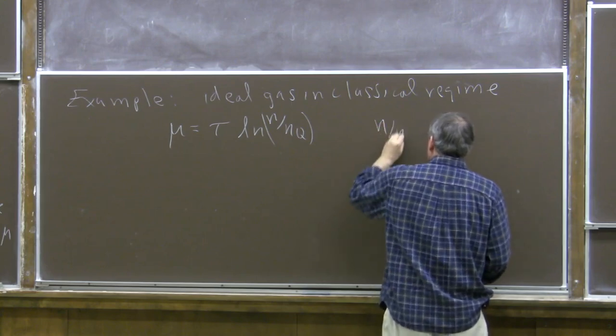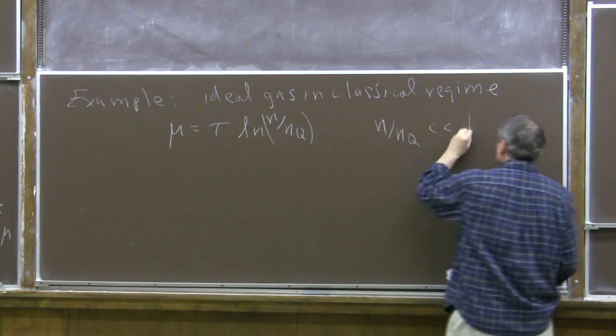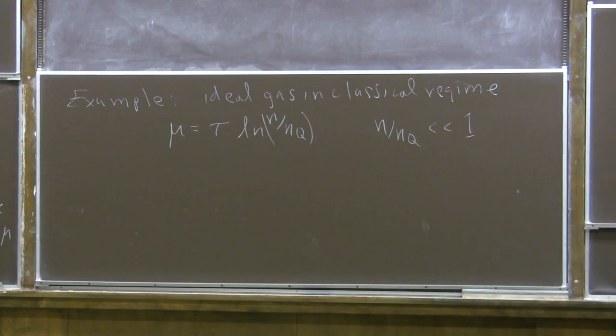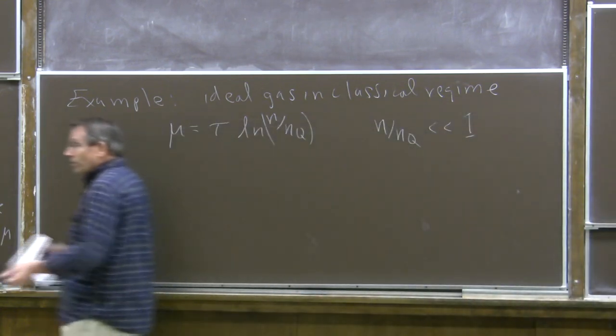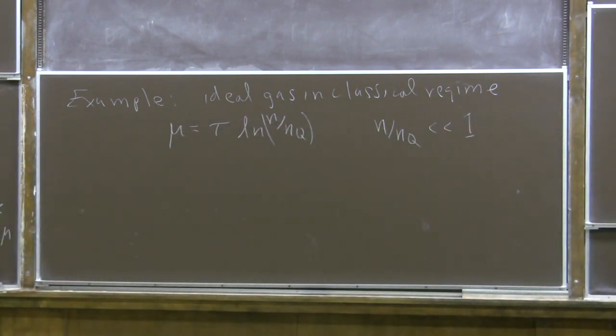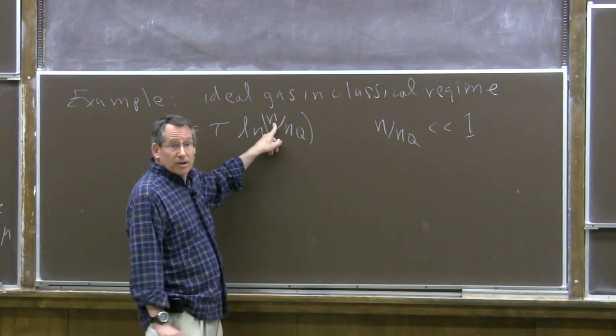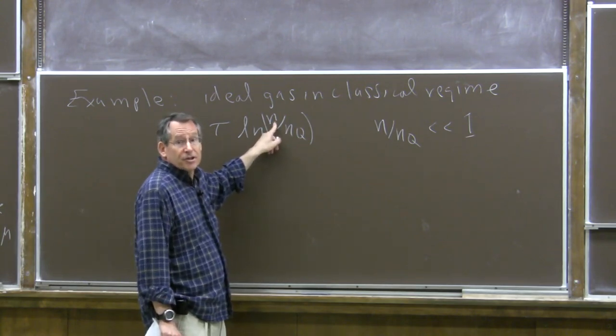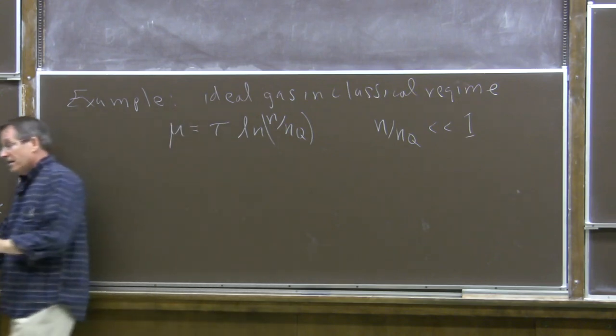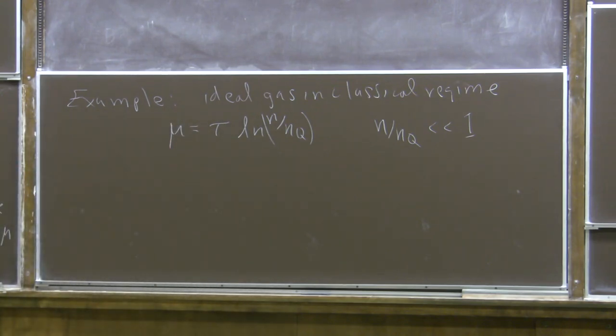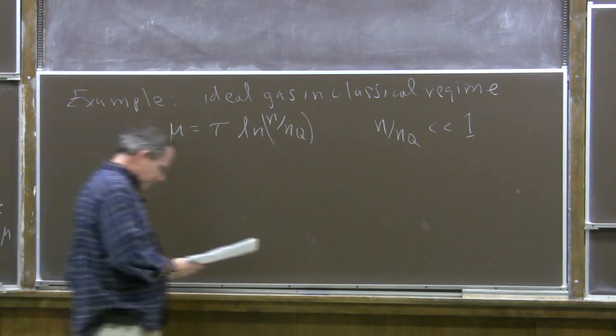Classical regime means concentration is small compared to quantum concentration. So what it means is that when you establish diffusive contact, if you have two ideal gases, both with the same species, remember the quantum concentration depends on the mass, then particle number will want to flow from the higher concentration gas to the lower concentration gas until the concentrations are equal. And then the overall system is in equilibrium and has its most probable configuration.